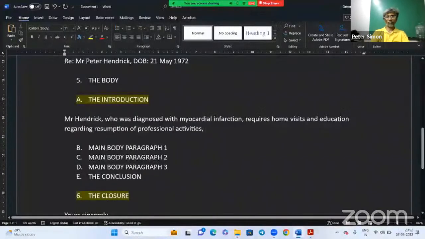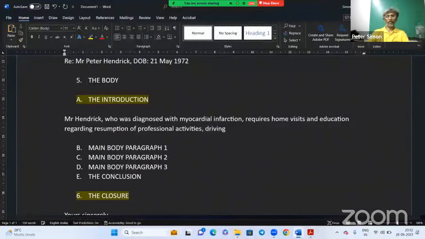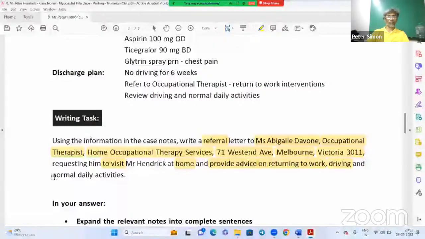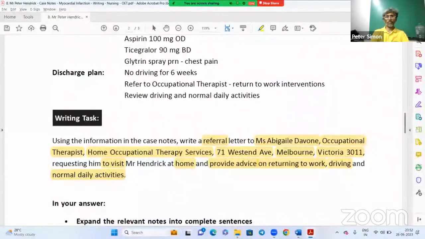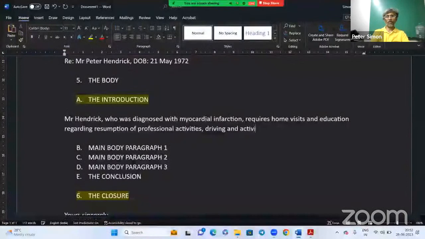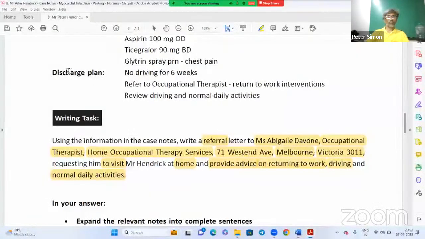Driving and normal daily activities. Activities of daily living.